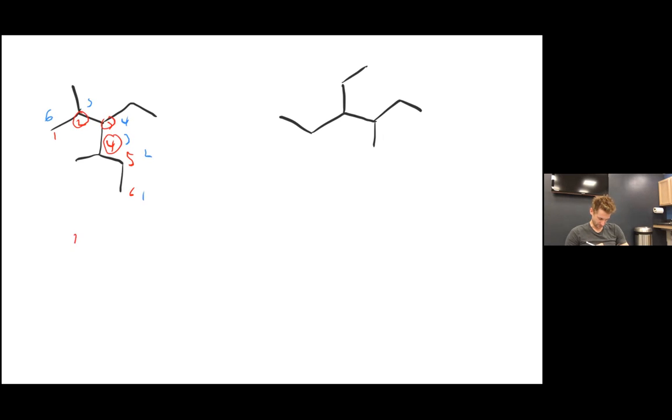So 2 plus 3 plus 4 is 9. Our blue pathway, we have something on 3, 4, and 5. So that is 12. We're going to go with the red pathway.